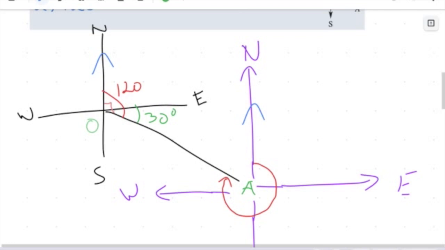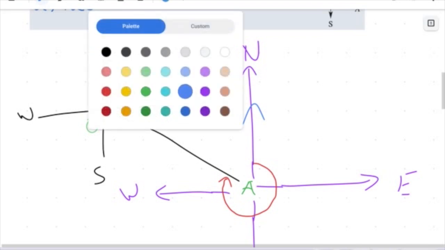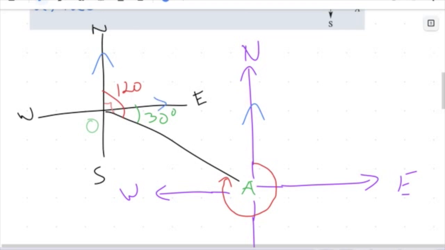But now check this out. Our norths are parallel to one another. Our easts are also parallel to one another. So both the vertical direction and the horizontal directions, because north, east, south, west, those directions are always constant, we can say that we have some parallel lines happening. So if we look at this angle 30, let's notice how we can relate it to this angle in here.